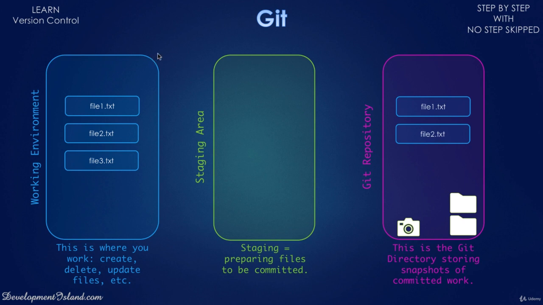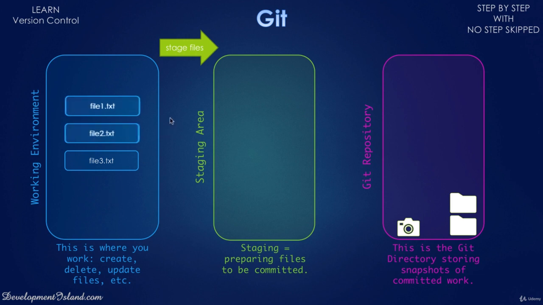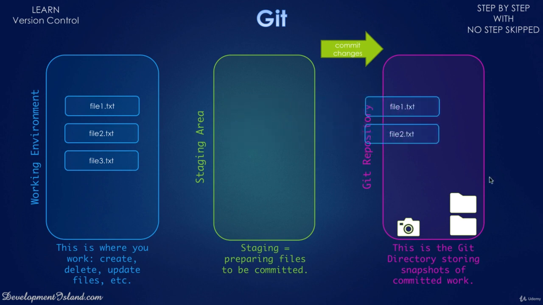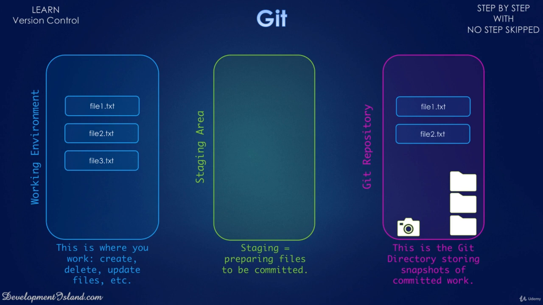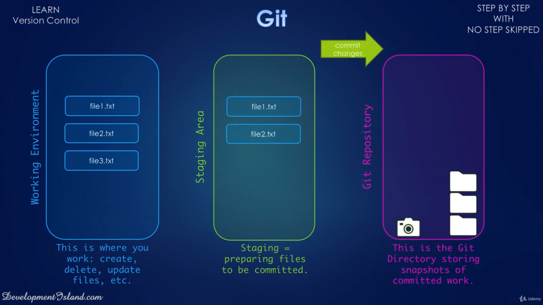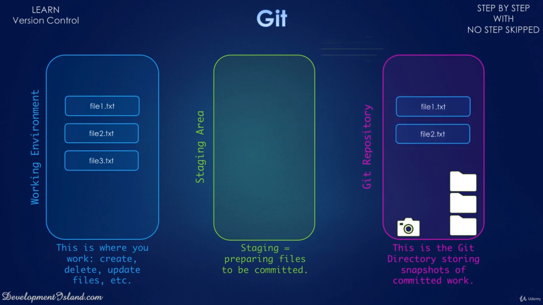And you can keep doing the same thing, changing files, staging them, and then committing them like this and creating another snapshot. Let's do this one more time. And here we go. We ended up now with 4 snapshots.